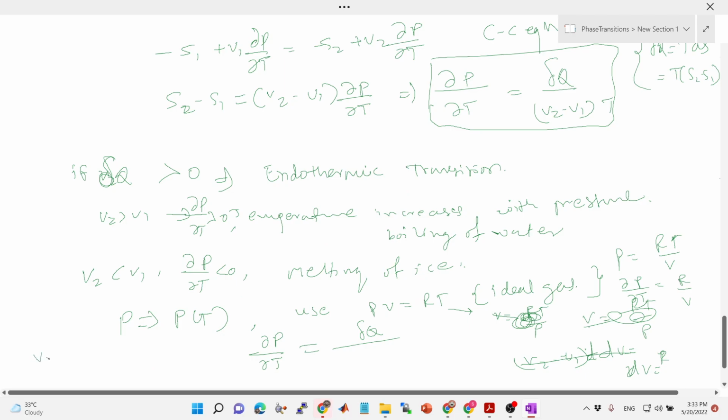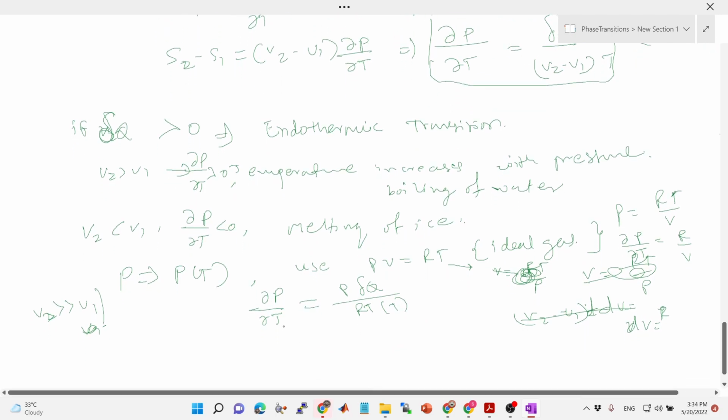If V2 is much greater than V1, then only V is there. Now you can substitute V is equal to RT by P. That means P comes here and RT here, and there is already a T here. So you have dP by dT equal to P delta Q upon R T square.